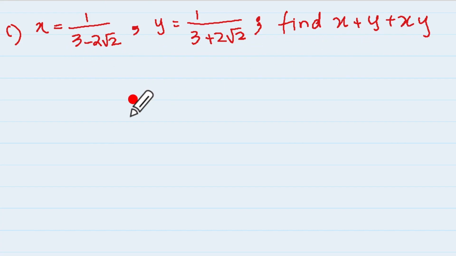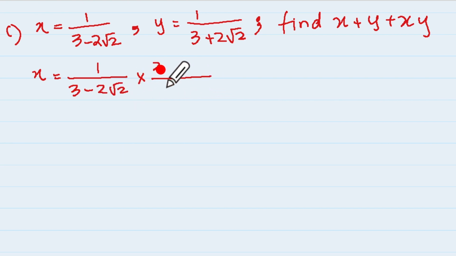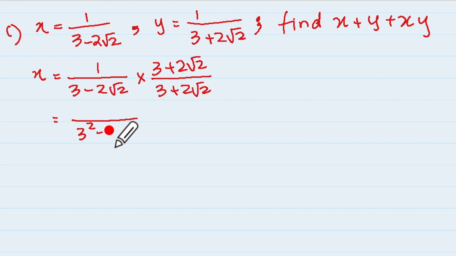So I have taken down this question. Now to begin with, take x separately and rationalize, and take y separately and rationalize. What would be our rationalizing factor? If this is 3 minus 2 root 2, we will have to rationalize with 3 plus 2 root 2, correct? That would give us in the denominator 3 square minus 2 root 2 whole square.